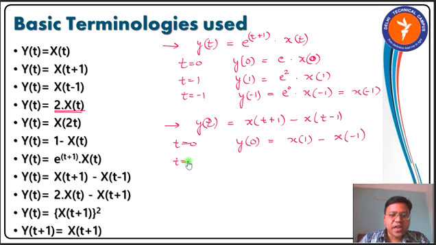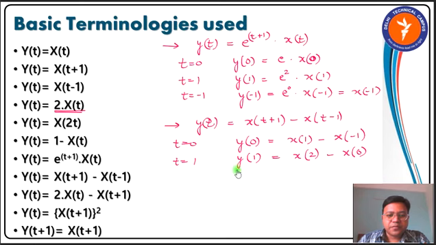Similarly, if I change the time to t equal to 1, then the present output will depend upon x of 2 and x of 0. That is, in reference to this t equal to 1, this is future, this is past.